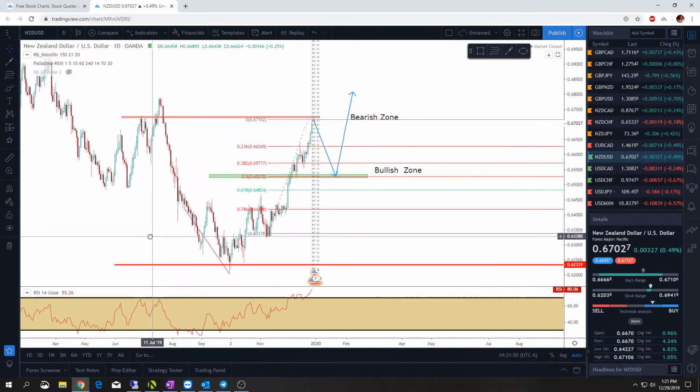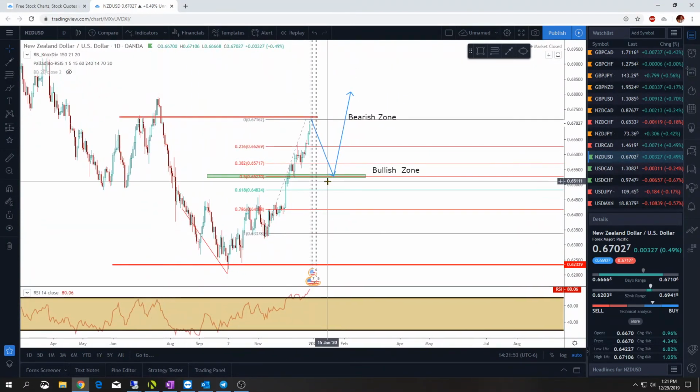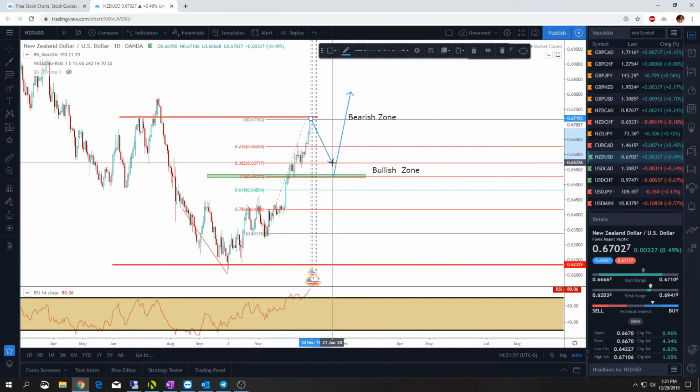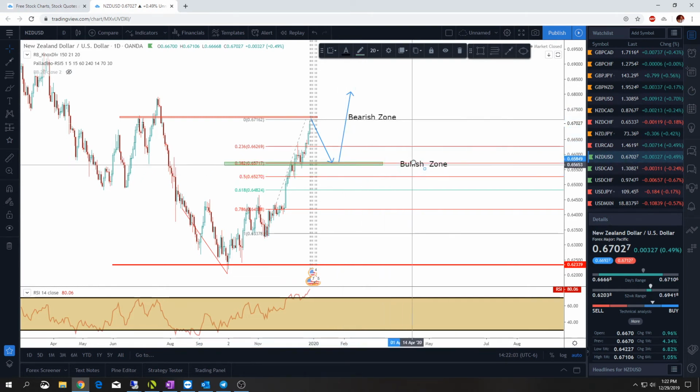I think it's going to be a fairly decent deep pullback. I mean, if it gets back to this 0.38, I'll still be bullish there. I might even get very bearish here and take this sell trade and wait for it and take profit here and then take this profit.